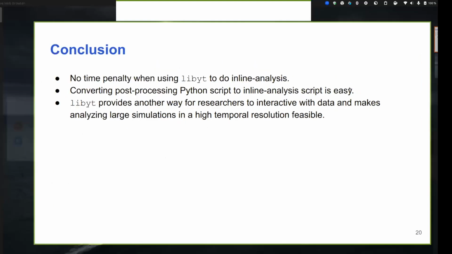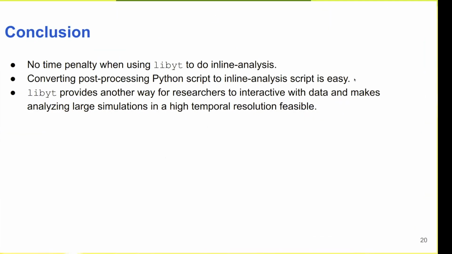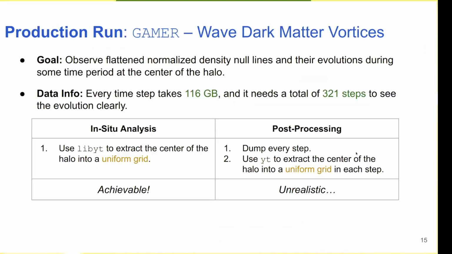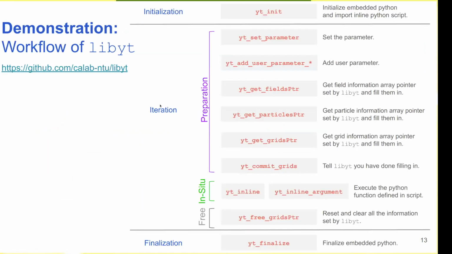Yeah, sure. Hi. Thanks very much for the presentation. It was great. I was wondering, could you comment on how much work it would be to connect libyt to a new simulation code? Oh, I think it wouldn't be hard. I've read the documentation, and I think it should be easy: you just set parameters like length and unit, etc., and load your fields.